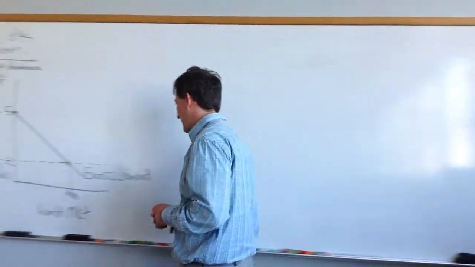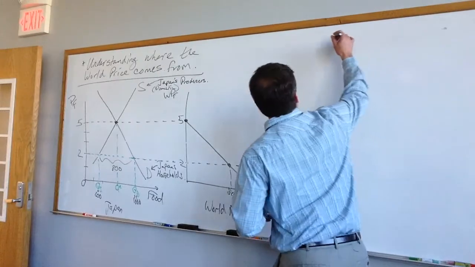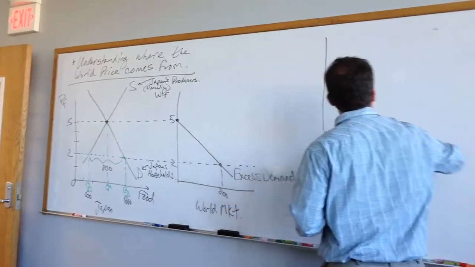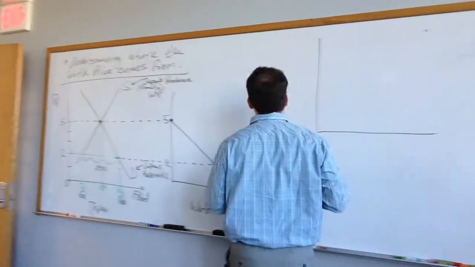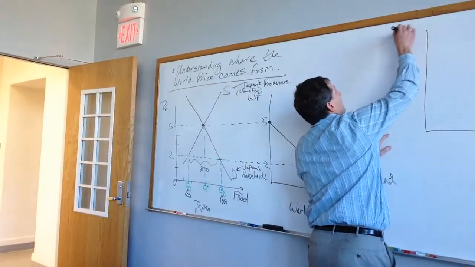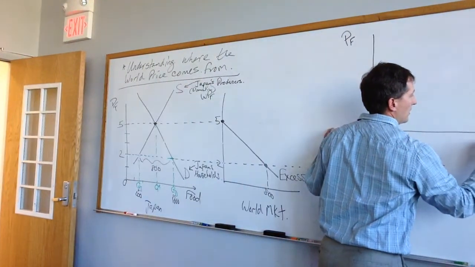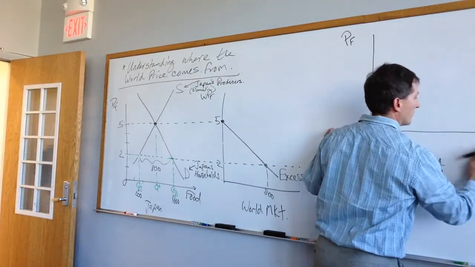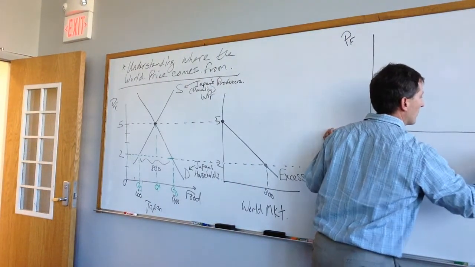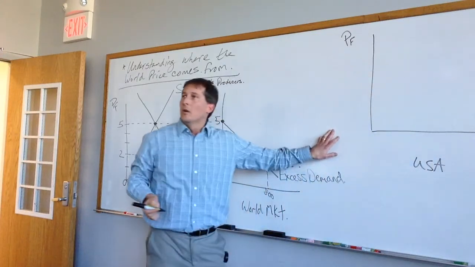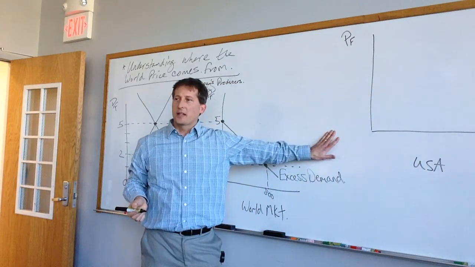What was the price over in the United States? In our example, what was the opportunity cost of food in their country? What was that? Look back in your notes there.